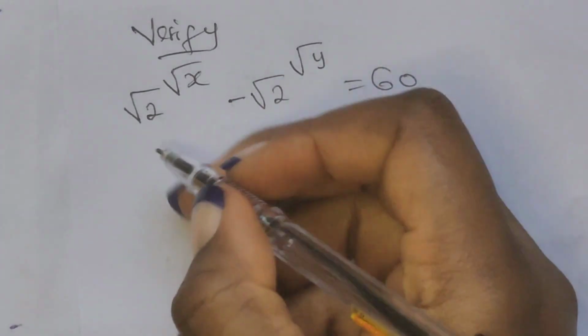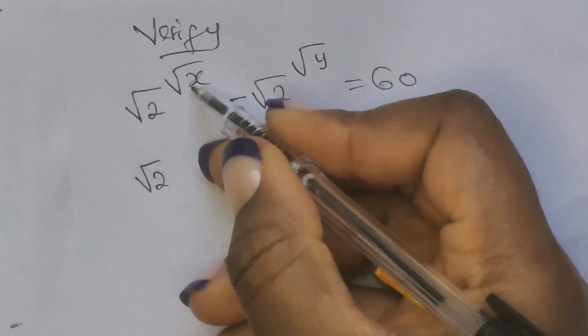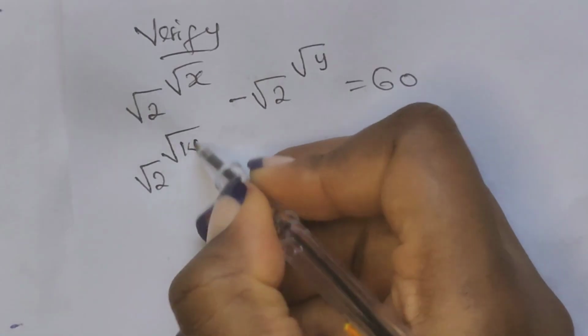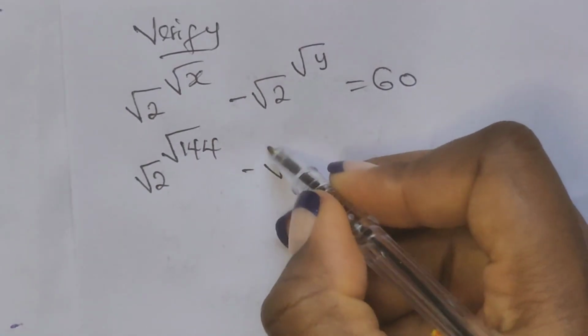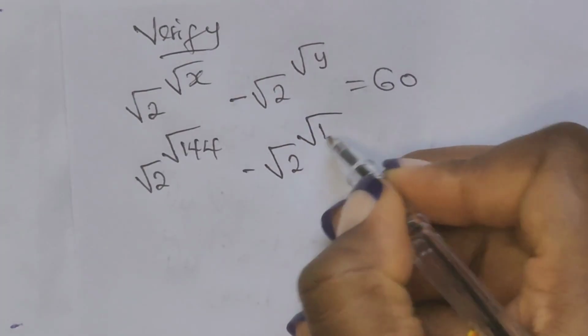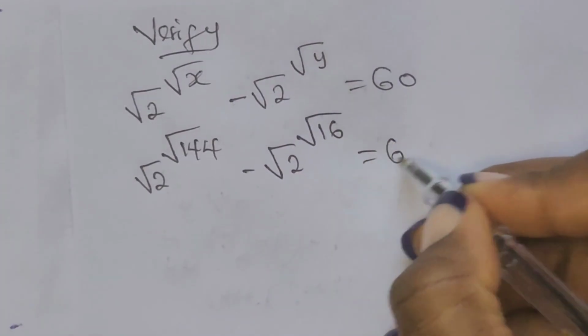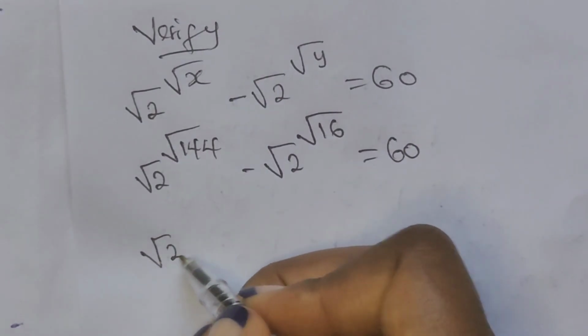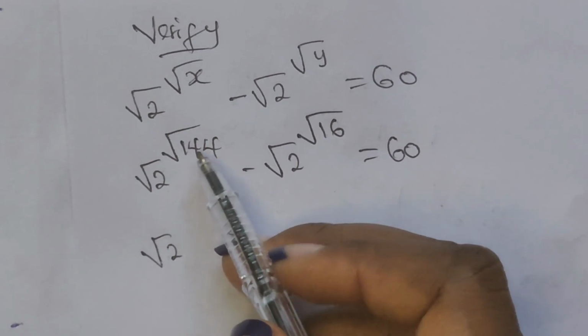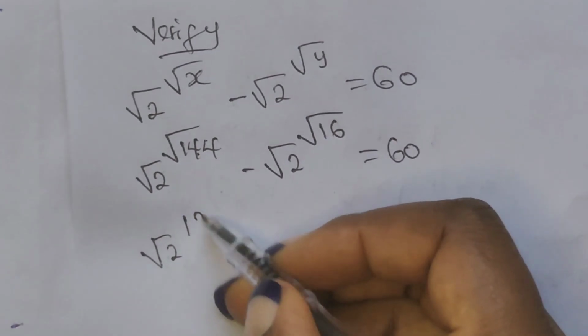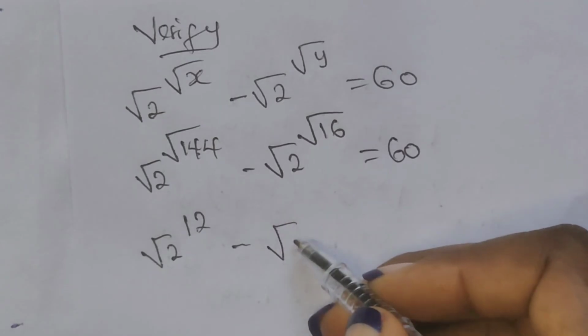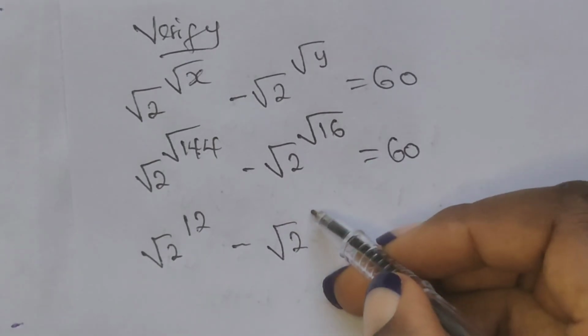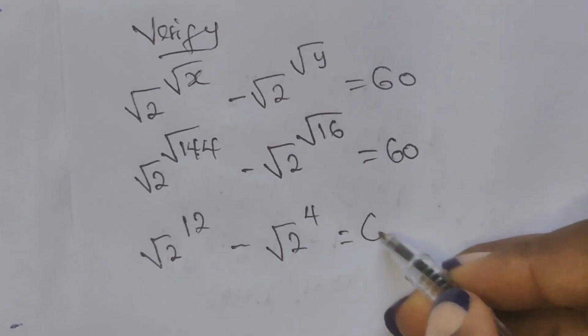So verifying, we have root 2 to the power of our x is 144 minus root 2 to the power of our y is 16, all equal to 60. So we have root 2 to the power of the square root of 144 is 12 minus root 2 to the power of the square root of 16 is 4, all equal to 60.